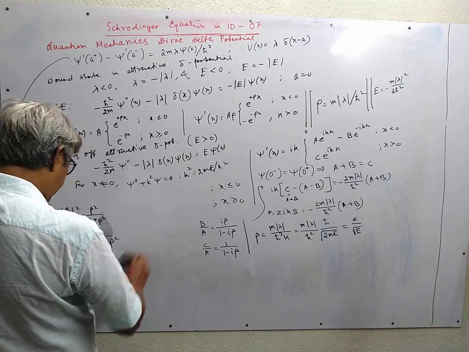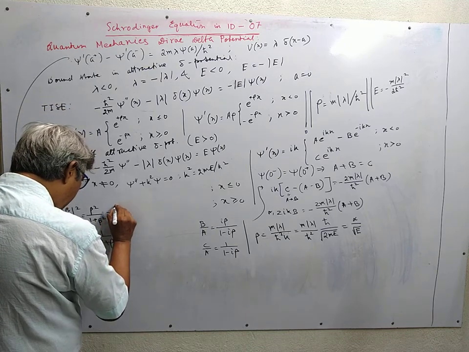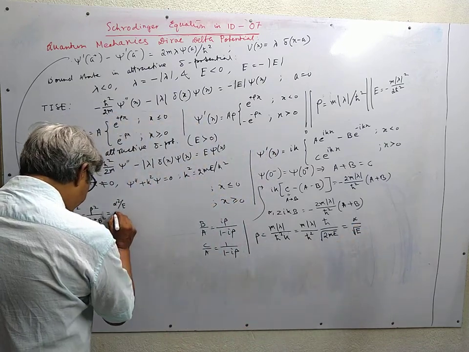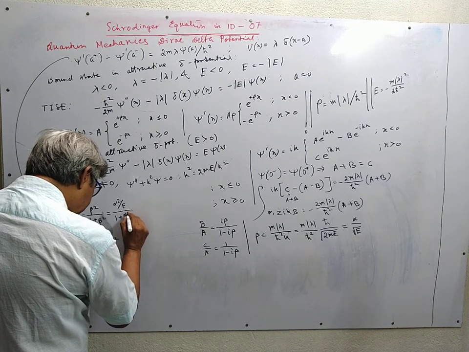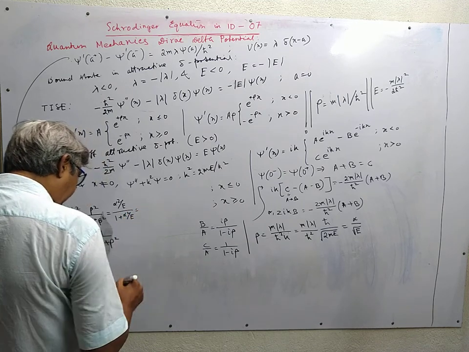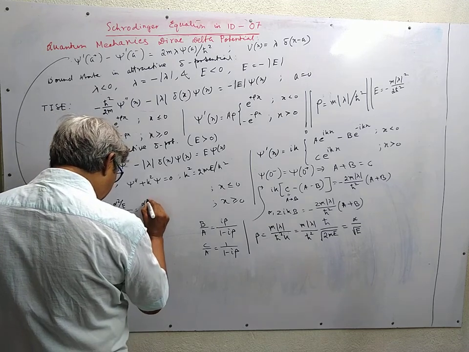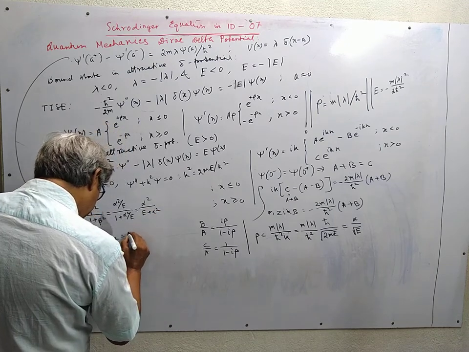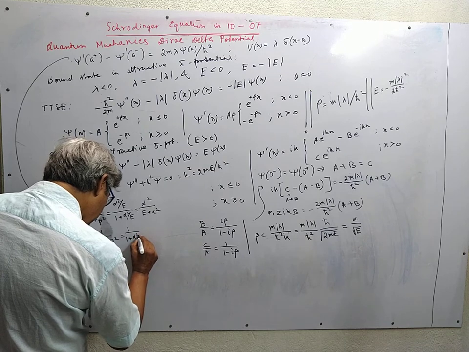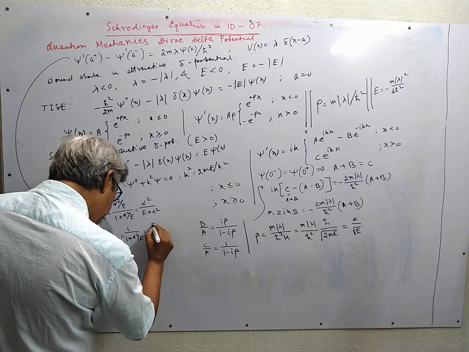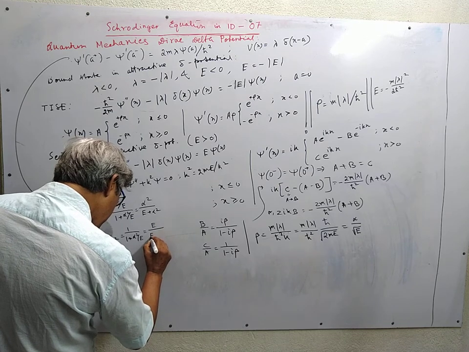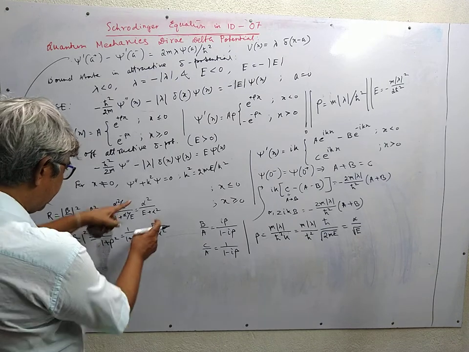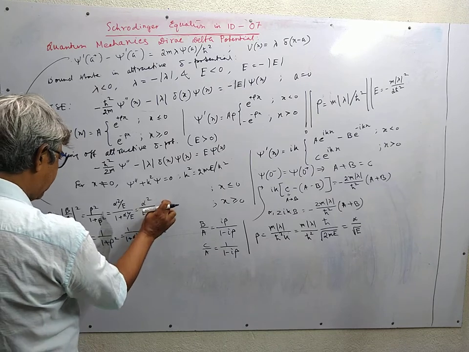I have completed this, and beta square is alpha square by E, because beta dependence is alpha by root E. So R is alpha square by E over 1 plus alpha square by E. Multiplying both numerator and denominator by E, we have alpha square over E plus alpha square, and T is 1 upon 1 plus alpha square by E. As E tends to 0, T is 0, and as E tends to infinity, T tends to 1. At E equal to 0, R is 1, and as E tends to infinity, R tends to 0.